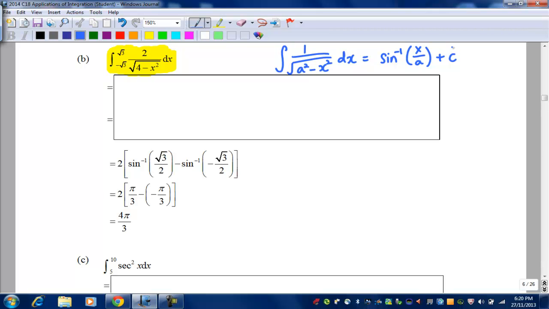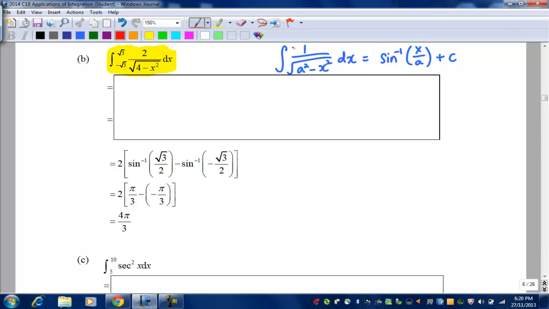Right, I need to emphasize that this formula is only applicable for x squared of coefficient 1. How do you make use of this formula to help us evaluate this definite integral? So first thing first, I need a 1 on top here.